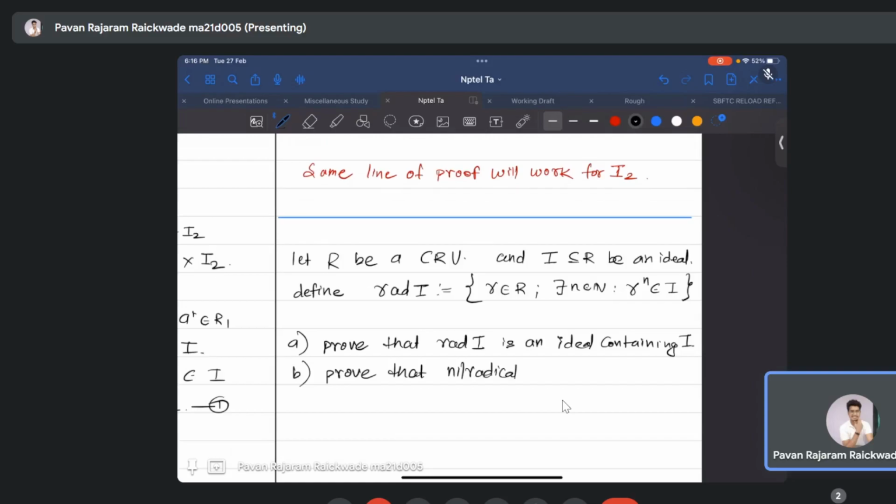Nil radical is the collection of all nilpotent elements in R. The nil radical of R is denoted by this weird notation, it's hard to draw.